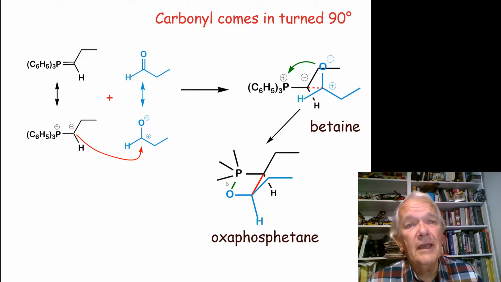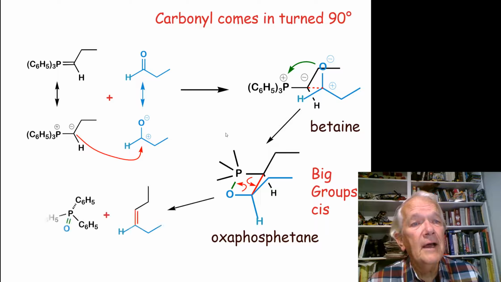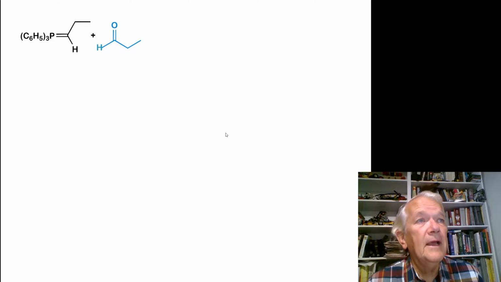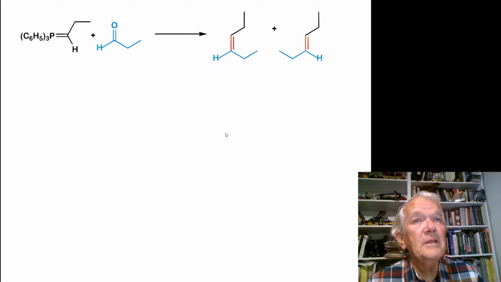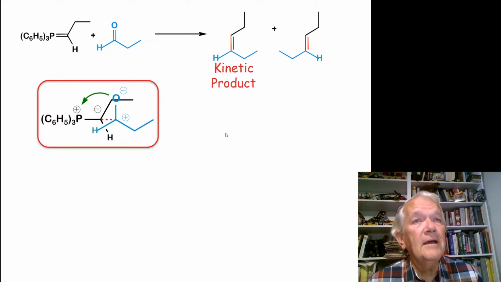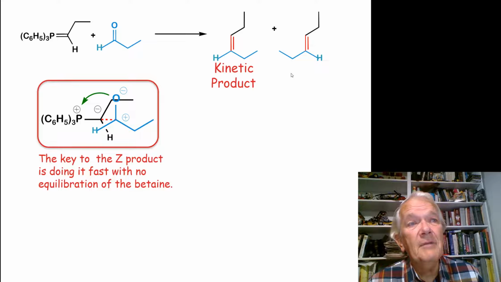Again, this is a lot like the intermediate in olefin metathesis, but it puts the two substituents cis to each other in this four-membered ring. So now when it falls apart, you get your Z configuration, your cis configuration of your alkene. So that seems to work, and reliably you can get a cis product, but of course the trans product would be the thermodynamic product.